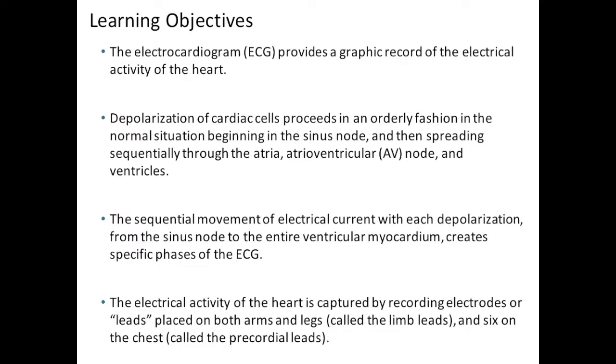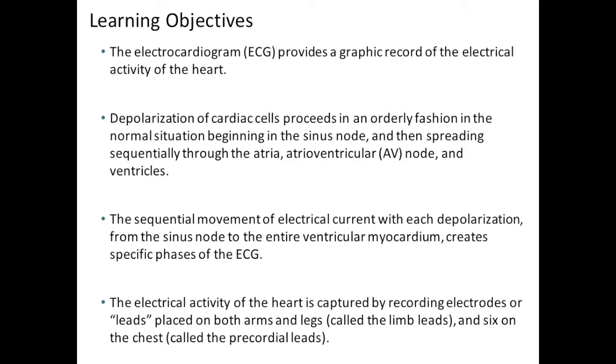Here is the learning objective for this module. We hope at the end of this module you'll learn that the electrocardiogram provides a graphic record of the electrical activity of the heart. When we look at depolarization of the cardiac cells, it's important to know that it proceeds in an orderly fashion in a normal situation.